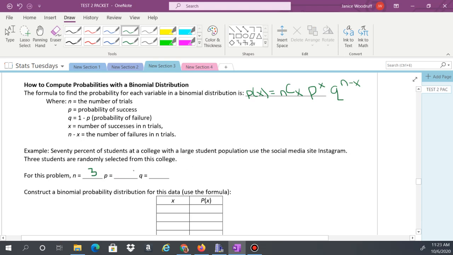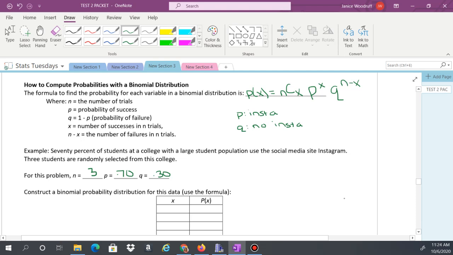So p is 0.70, yes, Instagram. And then q is that they do not have Instagram. So q would be what? 0.3, yes, 70% have it, 30% don't.